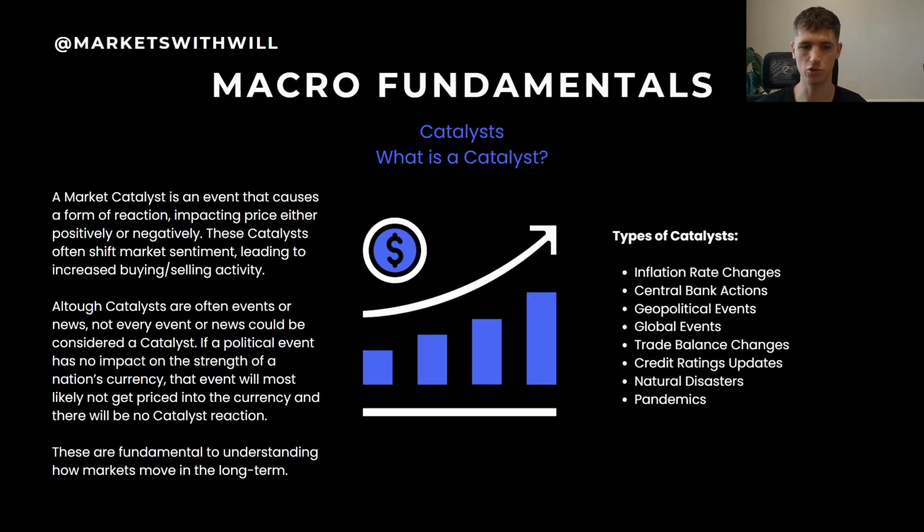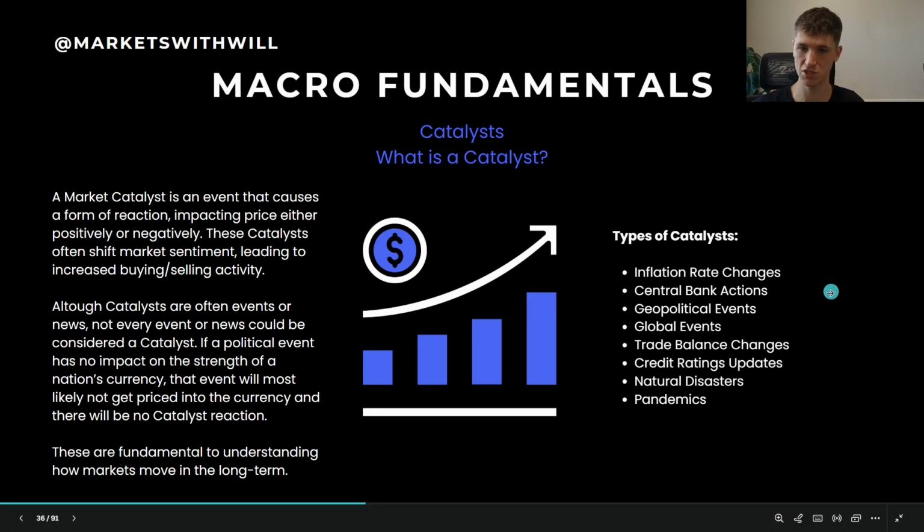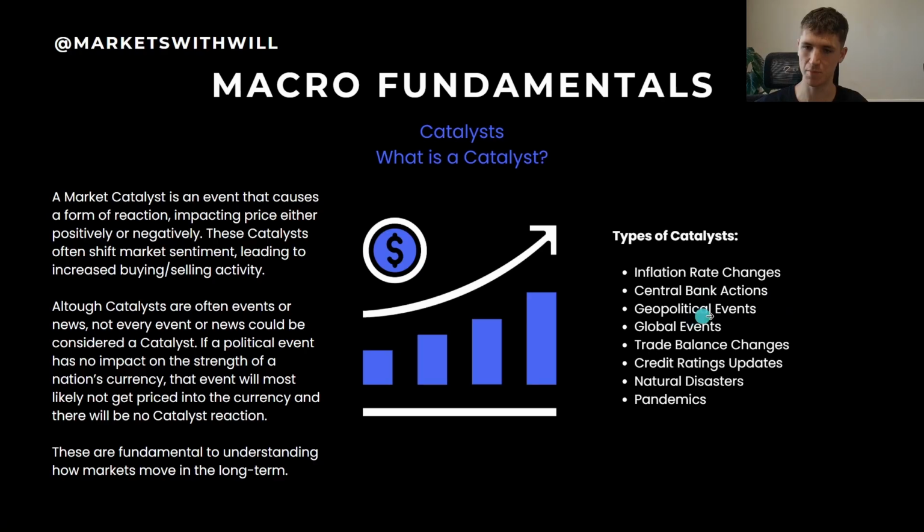These are fundamental to understanding how markets move in the long term. Different types of catalysts are inflation rate changes, releases, central bank actions, and geopolitical events. I will say, inflation rate changes, if it's completely different to the forecast, that's usually when you find a huge move. If it's pretty much spot on to the forecast, then you have a pretty good understanding of where price is going to go, and sometimes it doesn't have really any reaction.